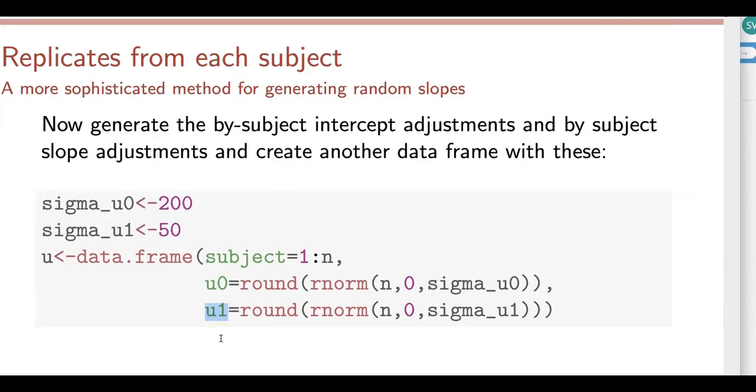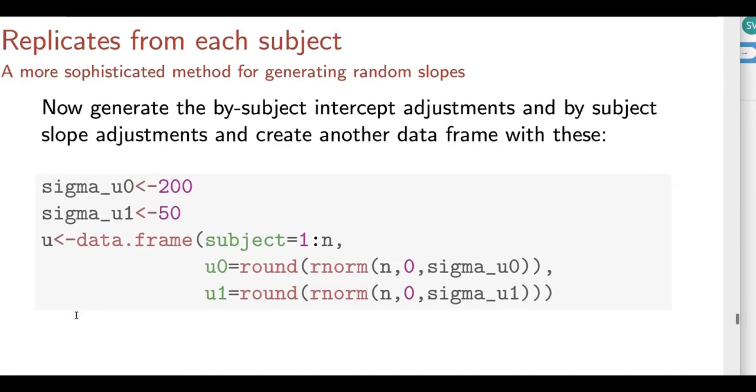Okay, so this U matrix is now going to contain the intercept and slope adjustments. Now, the reason I've created this U matrix is that I can look it up. When I want to know subject 1's intercept and slope adjustment, I just look at the first row, which contains the first subject's data, and use the intercept and slope adjustment in my data generation function, for generating simulated data.